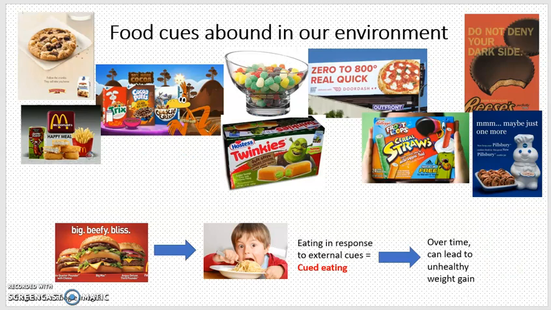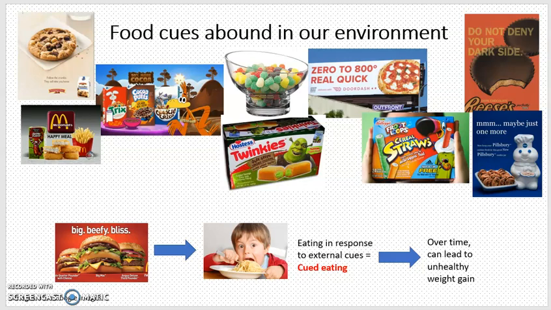So as justification for my project, food cues abound in our environment. On the top half of the slide, I've included just a sampling of examples of peripheral food cues, like all the ones that we all see in our daily environments. In this project, I was interested in peripheral food cues. Peripheral food cues are pictures of food that we see in our daily environment that we may or may not pay attention to.